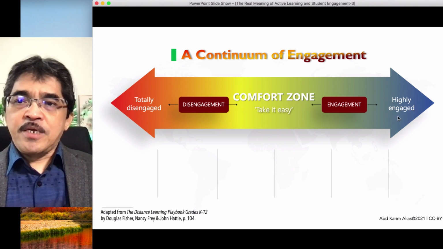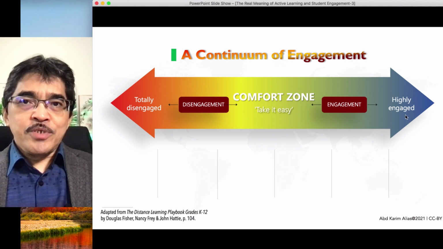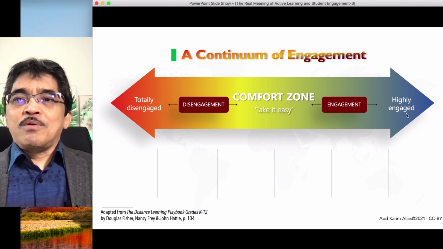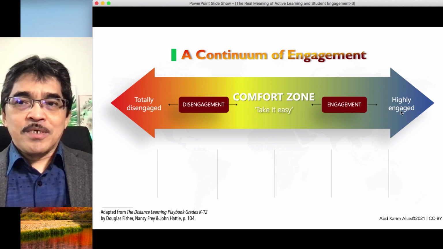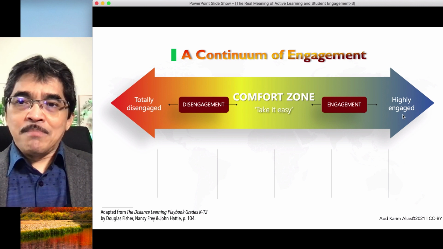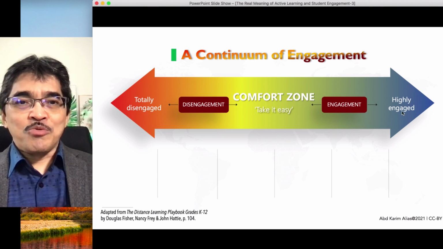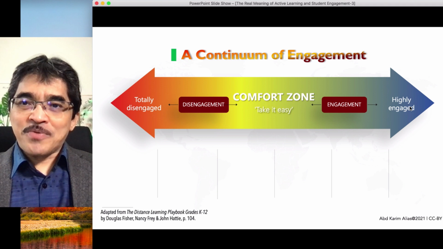On the right hand side here is where all teachers or educators would want to be, because I'm sure that we want all our students to be highly engaged, right?